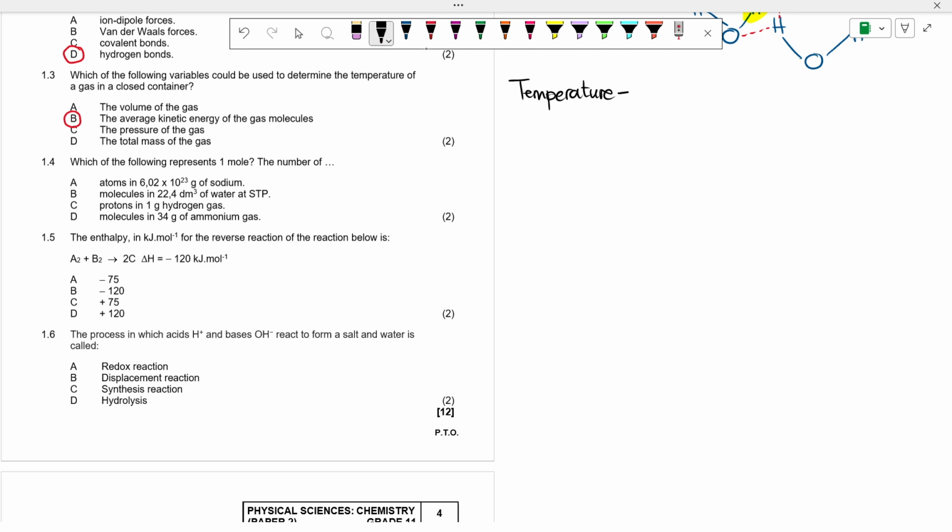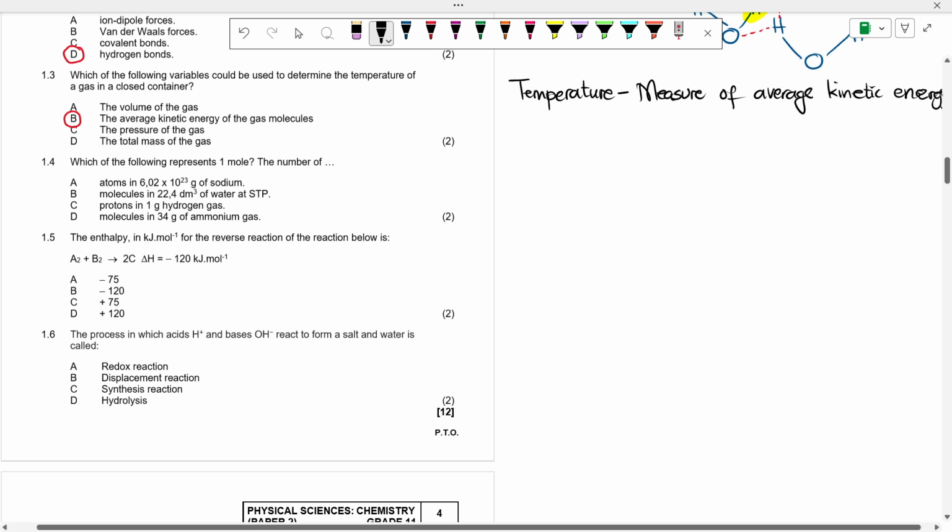Because of how we define temperature. Temperature is not how hot or cold something is. Temperature is a measure of average kinetic energy. So if we say something has a high temperature, what we see from our side is that this thing is hot.